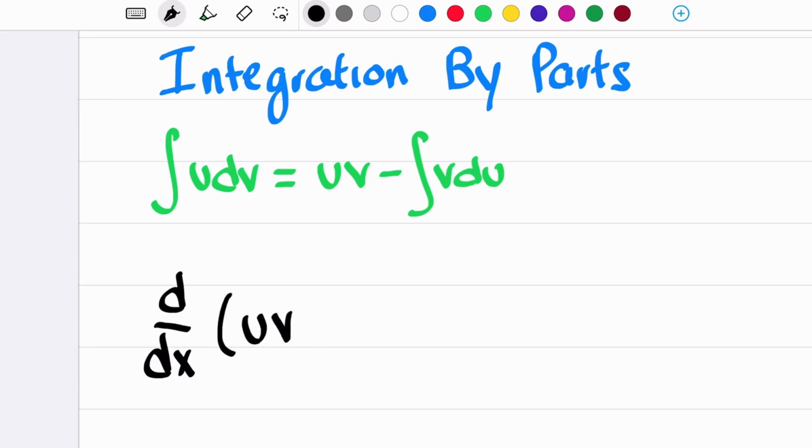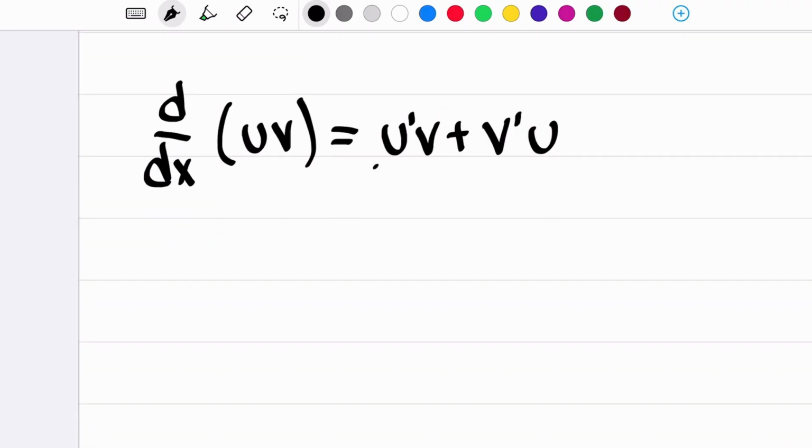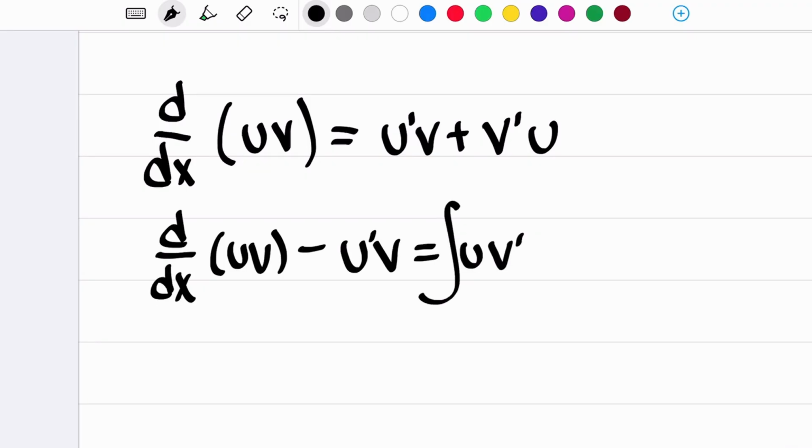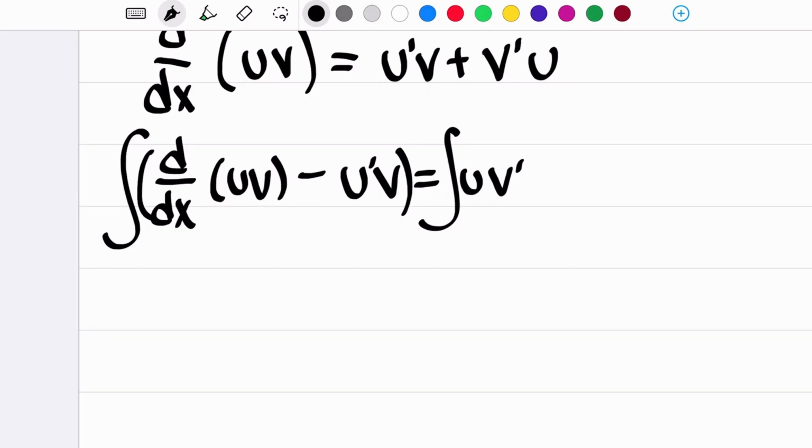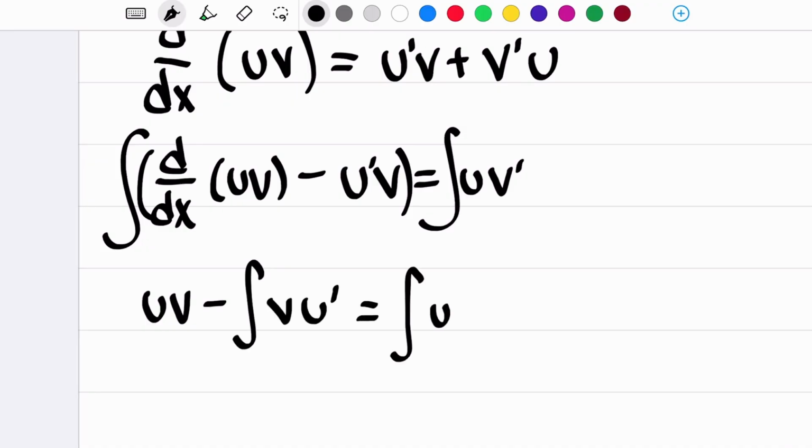If I wanted to differentiate u times v, it's obviously u prime v plus v prime u. That's just the product rule. Subtract this from both sides, and then if I integrate both sides with respect to x, well, the integral of the derivative of uv is just uv, and then minus the integral of v u prime equals the integral of u v prime.